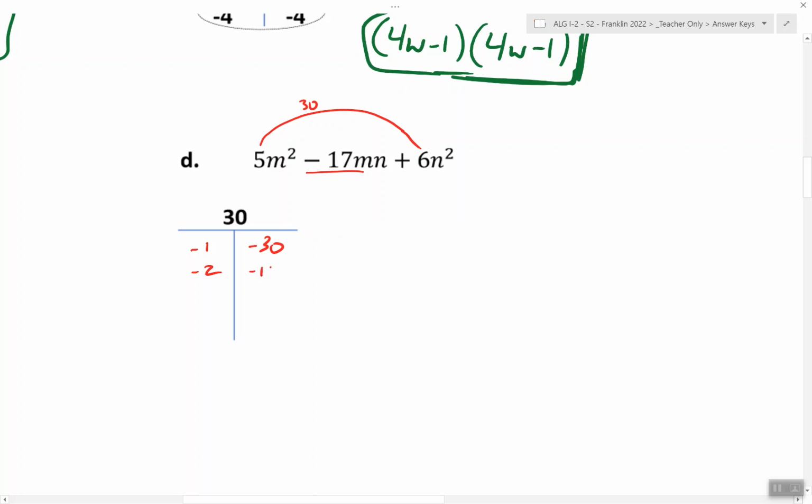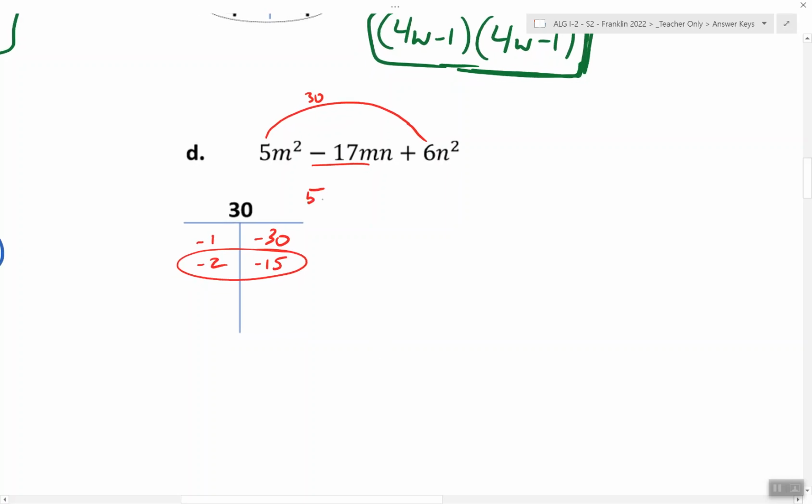Negative 2 and negative 15, there we go, that'll work. So 5m squared, and then we're going to split that negative 17 into the negative 2 and the negative 15. So minus 2mn minus 15mn, make sure the variables match, and then plus 6n squared.